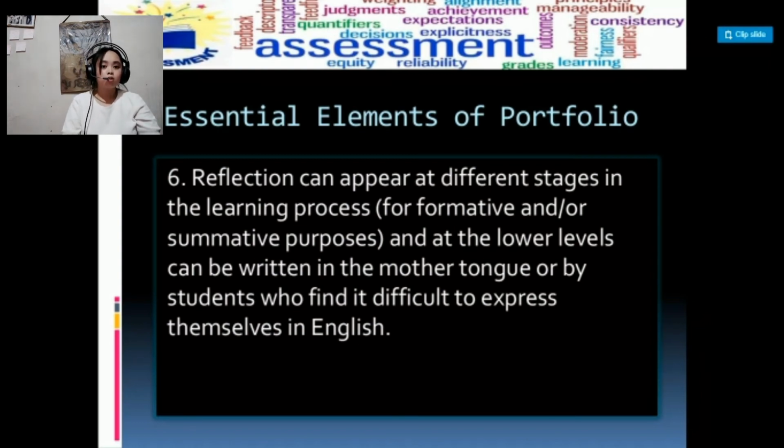It also shows their thoughts and opinion about the subject. And it also answers the questions: what did they learn from the lesson, did they do well, what activities do they need to improve, and how are they going to rate their performance inside the class. Students at lower levels, or those who find it difficult to express themselves in English, can write their reflection using their mother tongue.